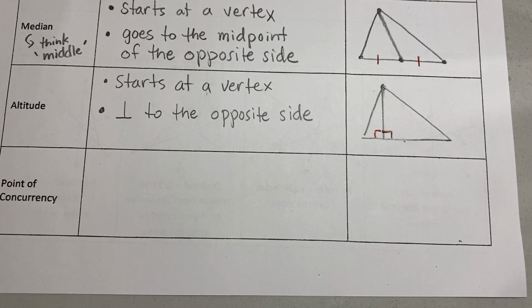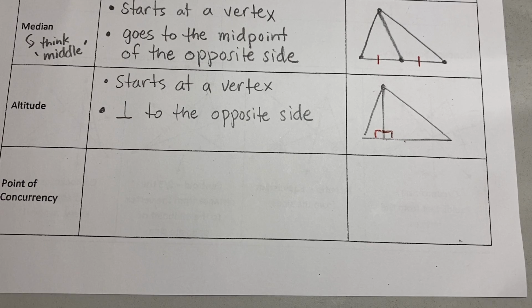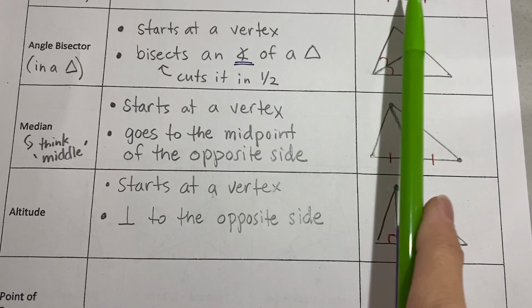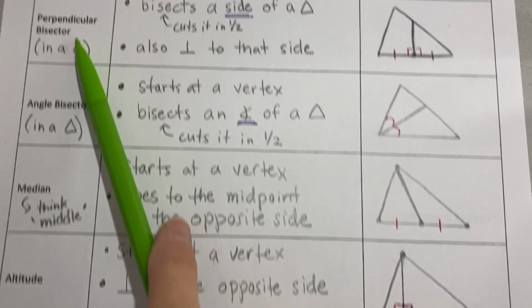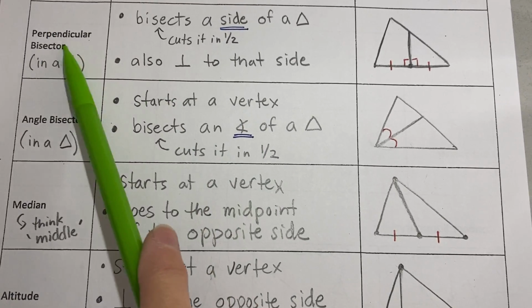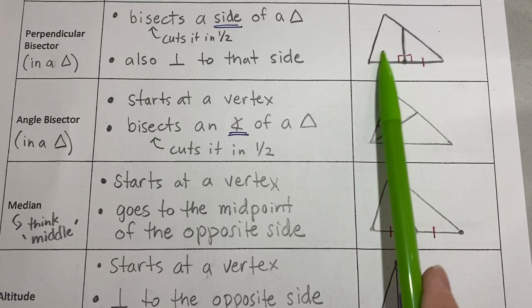Now here's the hard part. The hard part is that you're going to need to be able to tell which one it is just based on what's marked. So the hard part about this lesson is you have to pair these markings with that word. So whenever you see perpendicular bisector, these are the marks you can put.